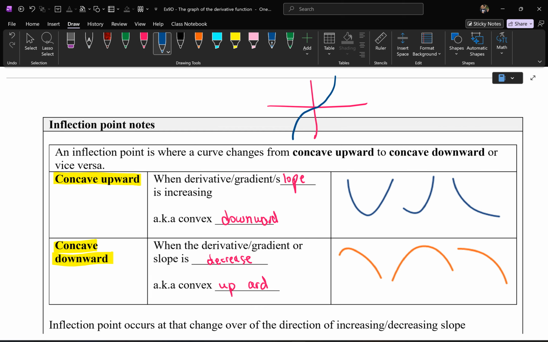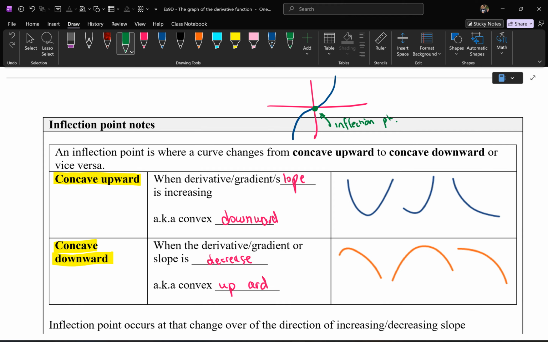It goes positive, to 0 gradient, and then positive again, right? What's the definition of an inflection point? It's the moment that it changes from concave upwards to concave downwards, or vice versa.